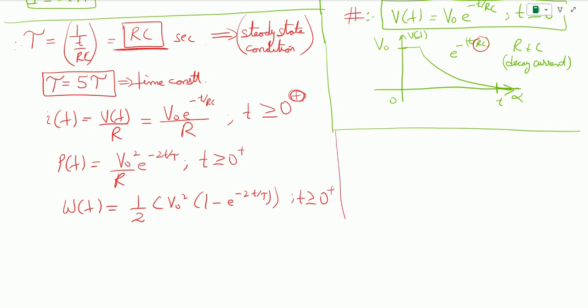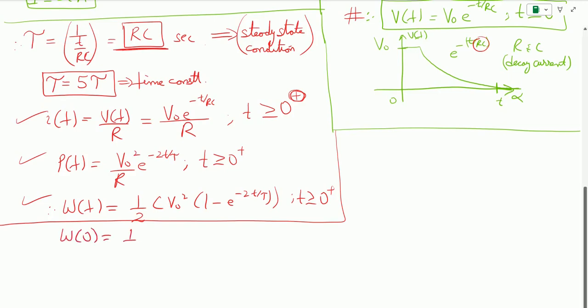So these are the equations for the current, power and energy of the system. Again, if you put the value of tau as infinity in the energy equation, the initial energy for the capacitor will be half C V naught square.